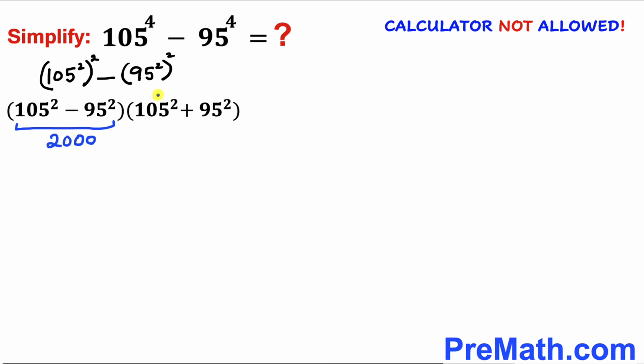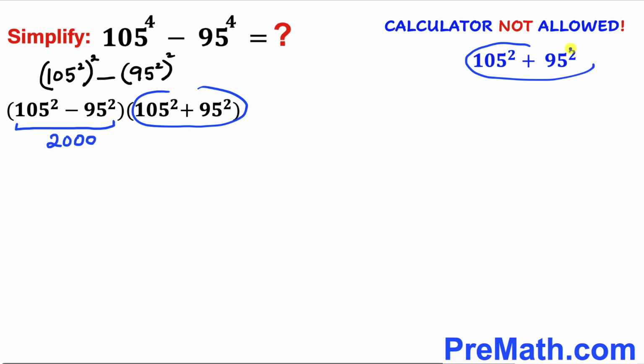And now we are going to focus on this second factor, 105 square plus 95 square. And here I have copied down this whole thing right here. And now let's focus on these two numbers, 105 and 95. Their average or mean is going to be exactly 100.